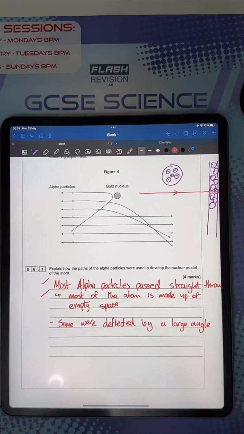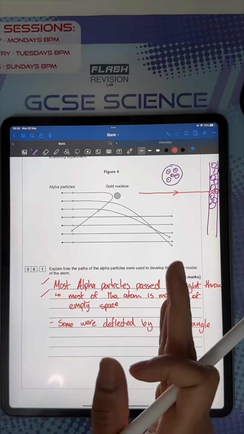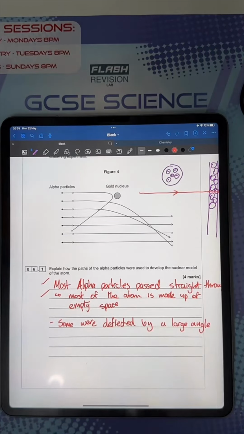Okay, so think about it. If most of them went through and one in a few deflected back, that means most of the atom is empty space. That's the only reason most of it will go through, right? But in there somewhere, there must be an area which is very concentrated in mass, and that's why the alpha particles started deflecting once in a while, not all the time.